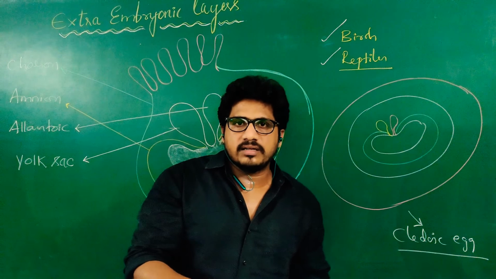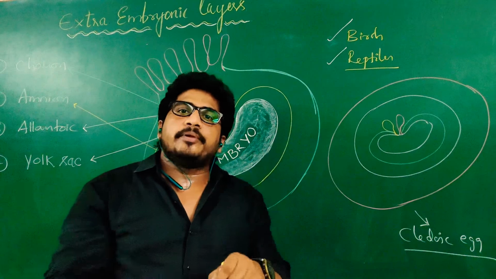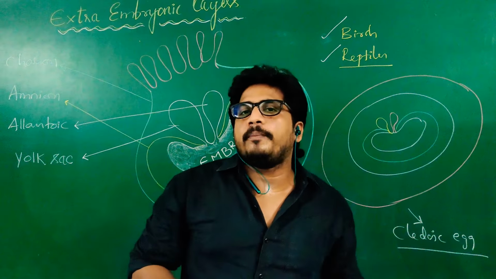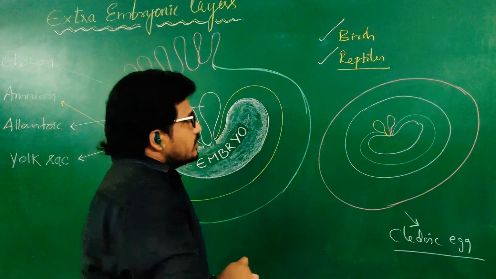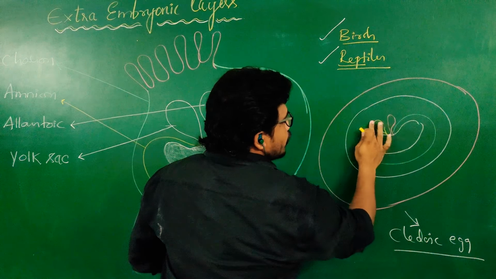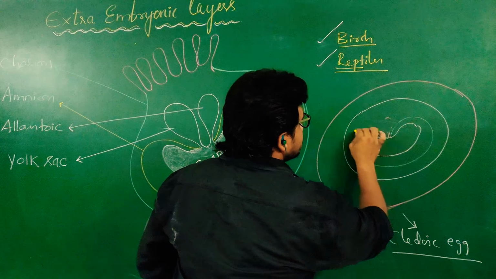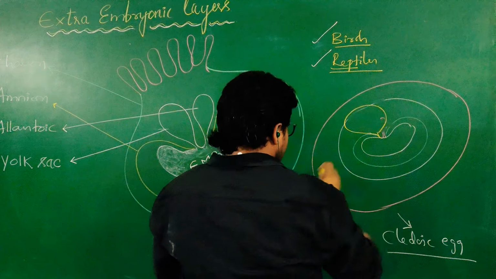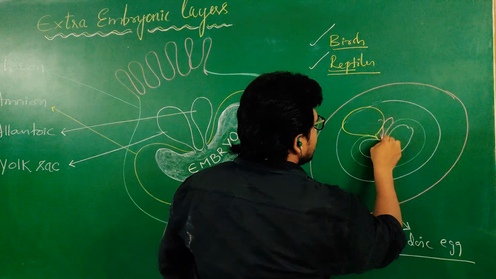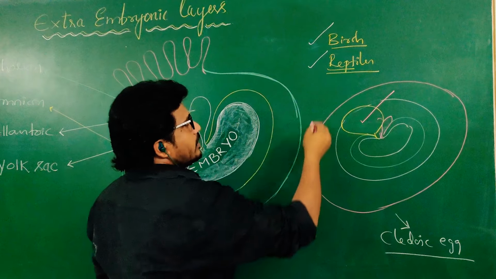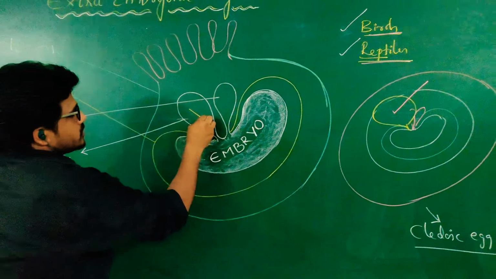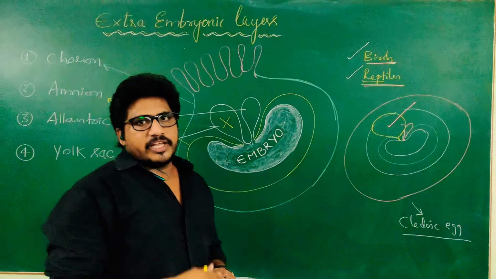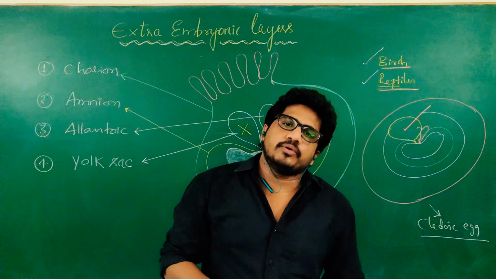Once they lay the egg, inside the egg the embryo has to develop by itself. There is no placenta, there is no connection between mother and embryo. That is the reason the yolk develops much in birds and reptiles, whereas in humans the yolk is almost reduced. Even though the yolk sac is present, it is reduced.